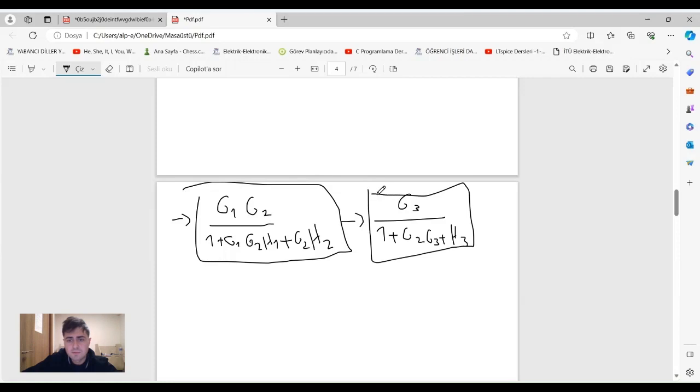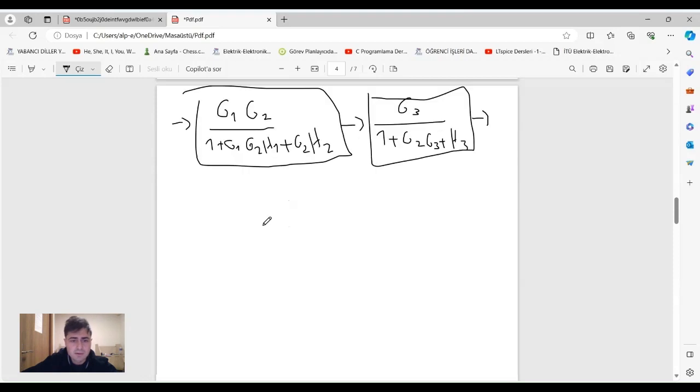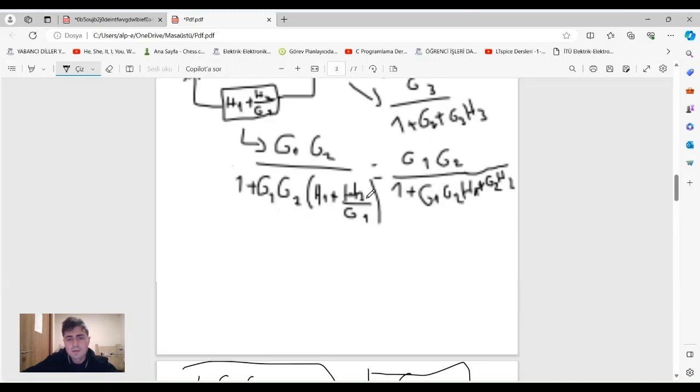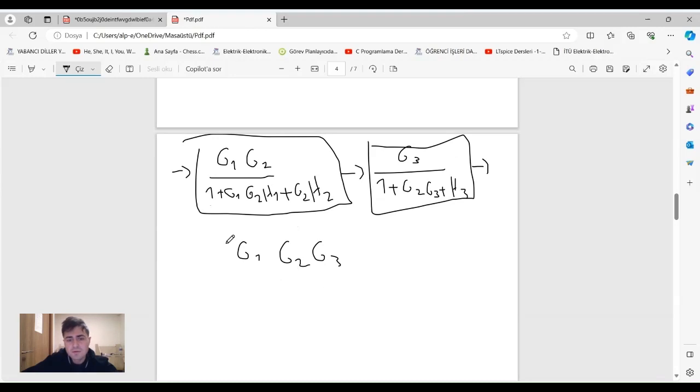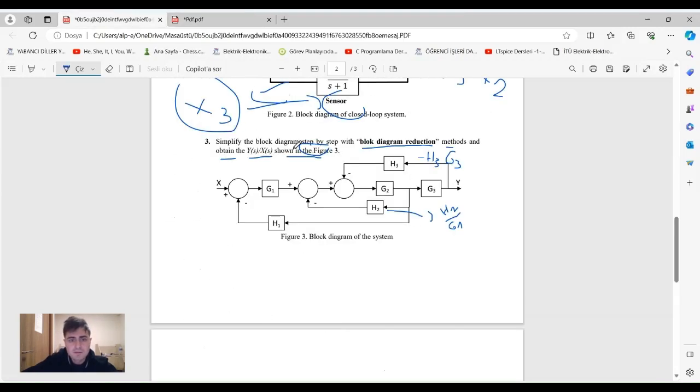Also, this is going, and then this is the last one. We only write this G1, G2 and G3. Why are we going to write this? Because of ES over XS. This is the line G1, G2 and G3.